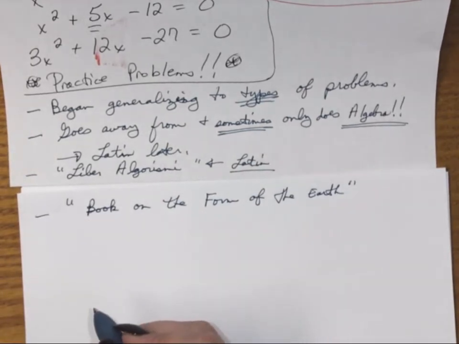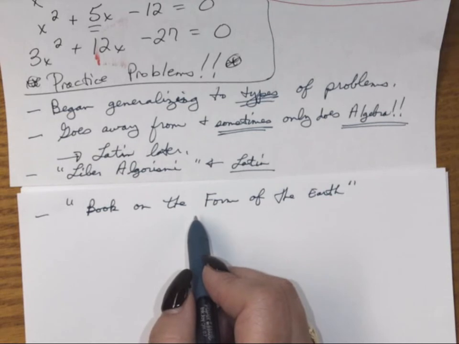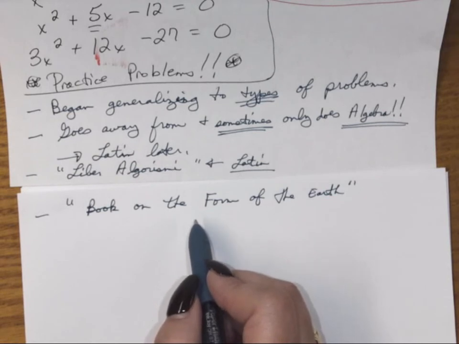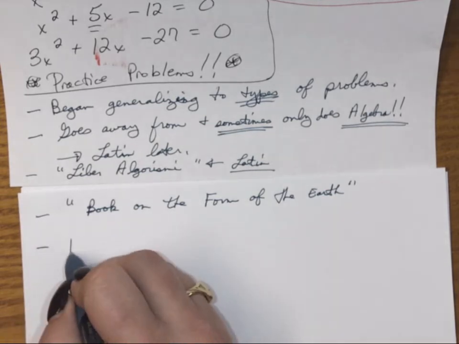This book on the form of the earth actually listed locations, different places, using their latitude and longitude. So maybe we could say this is the very beginnings of GPS or Google Earth or something like that, okay?